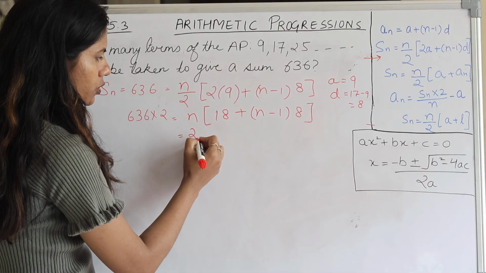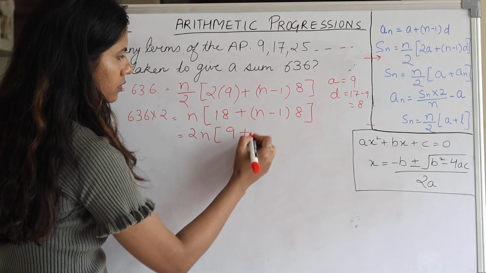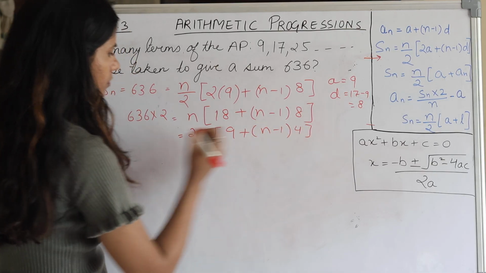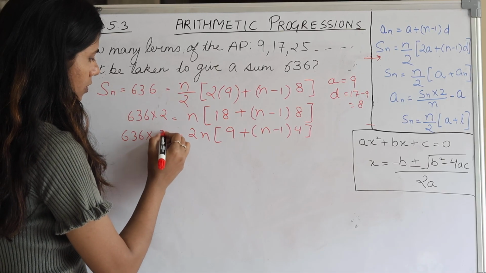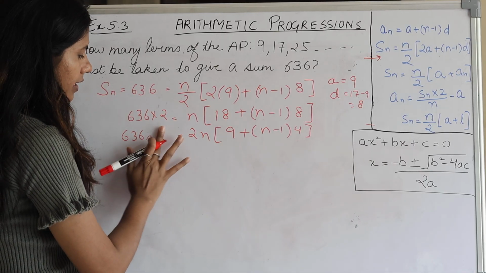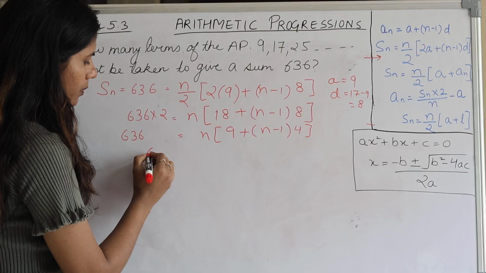So it will become 2n, n minus 1, 4. Since 2 is there on both sides, I can just directly cancel 2. Now it becomes this. We'll simplify it.